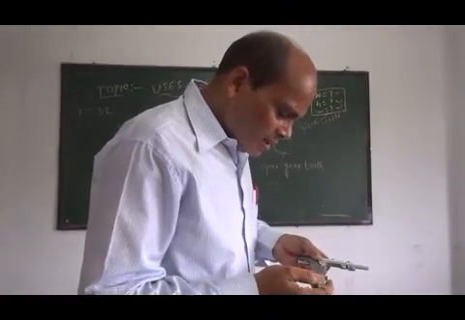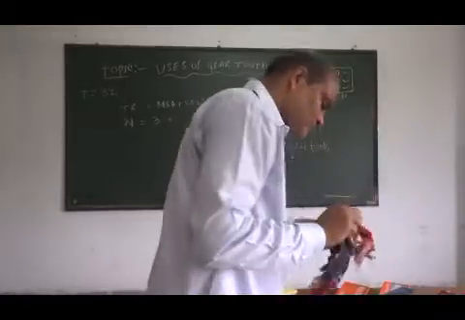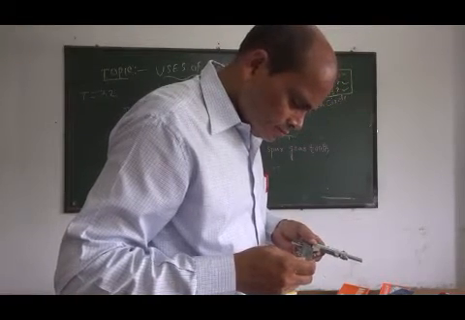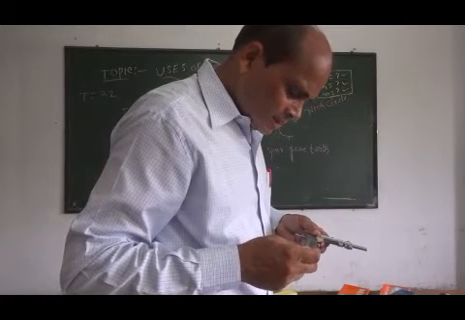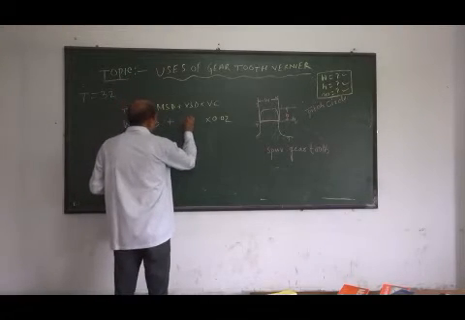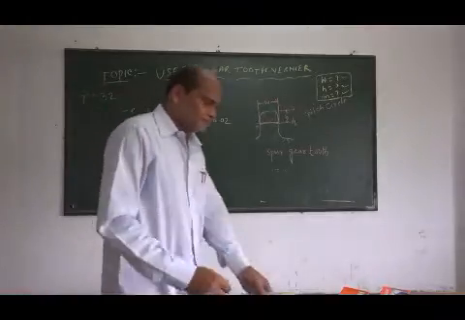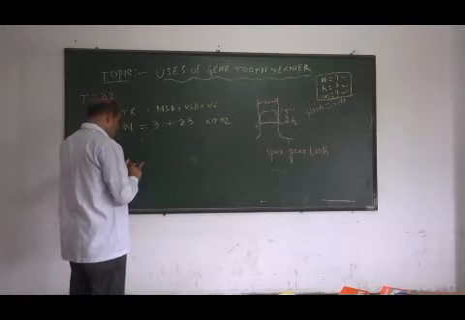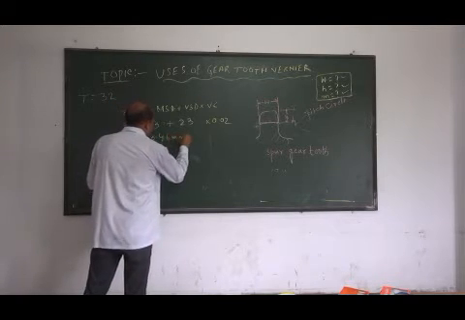That is 23. So 23 into 0.02 plus 3 equals 3.46 millimeter.